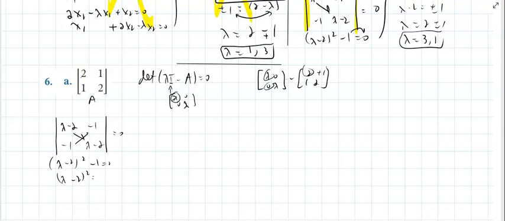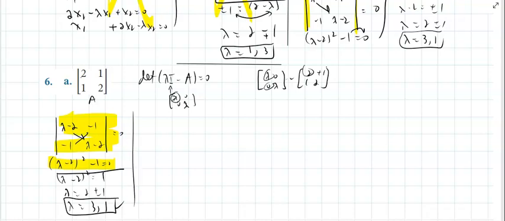Actually, I could even factor that. Anyway, let's just go ahead and do it. Lambda will be 2 plus or minus 1. Lambda will equal 3 or 1. So the characteristic equation is pretty much this. Eigenvalues are right there. That's like A and B.